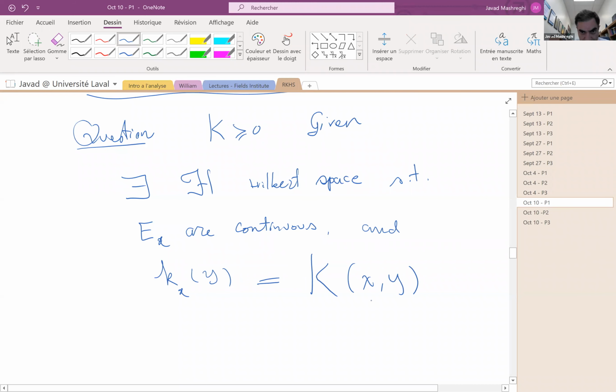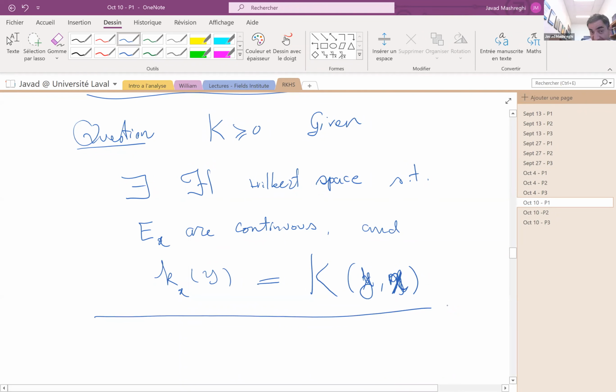No, I should write y and x. In other words, if K is given, can we construct a reproducing kernel Hilbert space such that the kernel is precisely the K which is given?